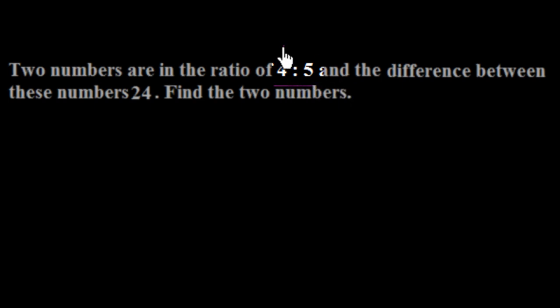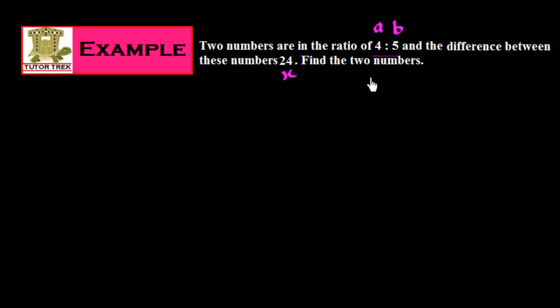It means a is smaller than b here. So this is our a and this is our b, and the difference is x. So we have to keep in mind that a is smaller than b. Now we simplify this.